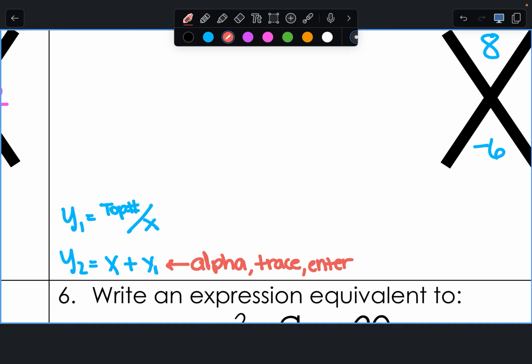So in y equals, you're going to put the top number divided by x, and in y2, x plus y1. To put y1, press alpha trace, enter. That dash is just dividing: top number divided by x.